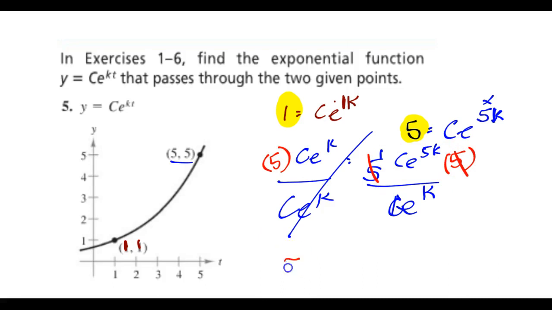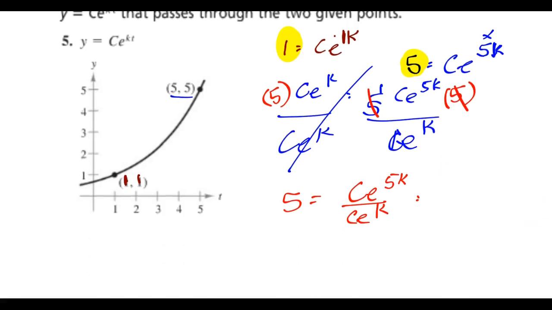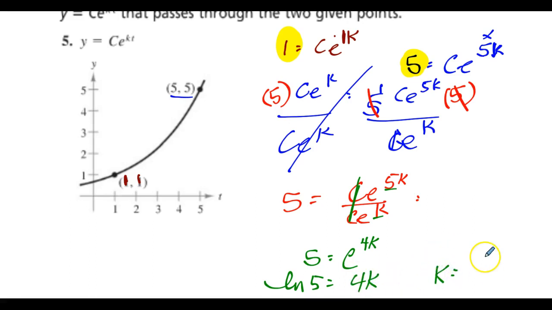So I'll get 5 is equal to C e to the 5k over C e to the k, and I'll rewrite the base and subtract the exponents. The C's cancel. 5k take away 1k is 4k, is equal to 5. I'll ln both sides, equals 4k, and divide through by 4. So take the ln of 5, divide by 4, and see if you don't get 0.4024.